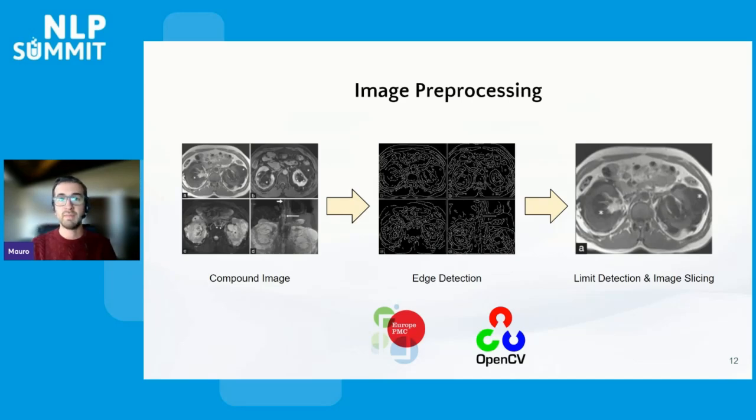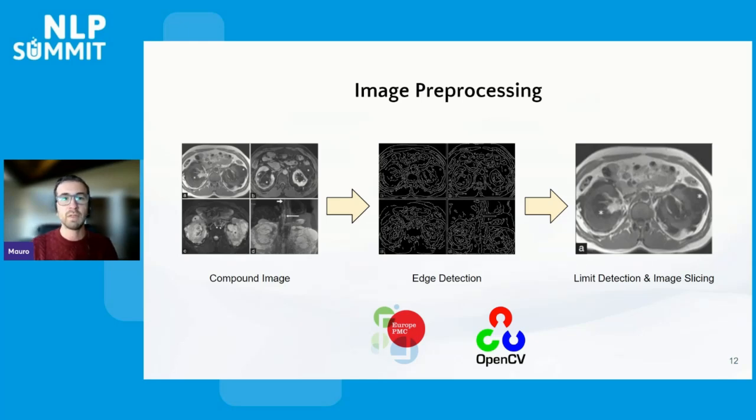Then we did some image preprocessing. The most important task that we did here was to split images. In case report articles, it's relatively frequent to see compound images like the one on the left, where the same file has more than one image.